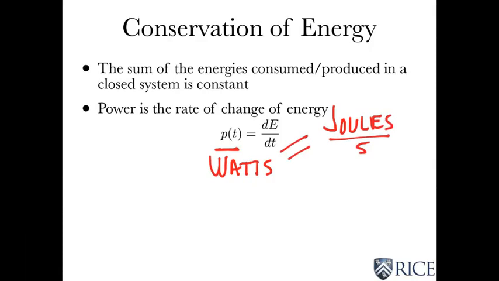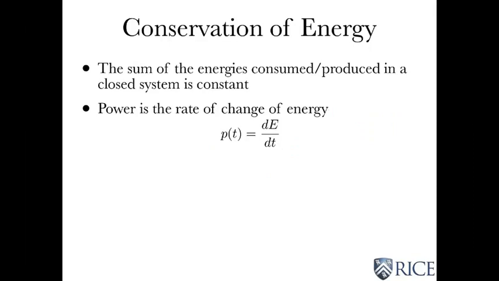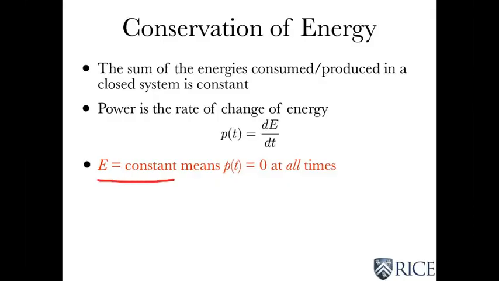But the important thing here is the conservation of energy principle, that the energy is a constant, means that in a closed system, the total power in that system is 0 at all times.